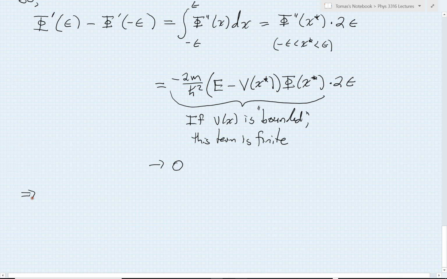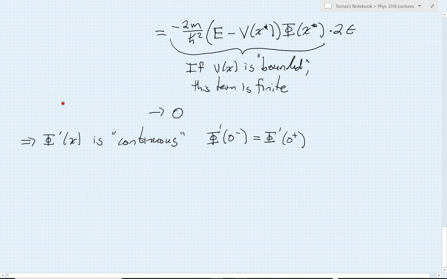So I can conclude that this function phi of x is continuous across the boundary, by which specifically I mean phi prime on one side of my boundary, say at 0 minus, it's really at negative epsilon, but it's the same idea, equals the slope of my wave function slightly to the right of my point at, say, 0 plus.